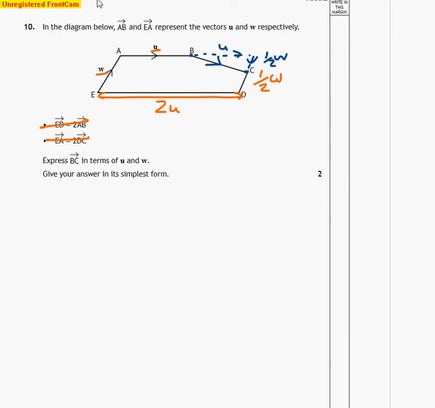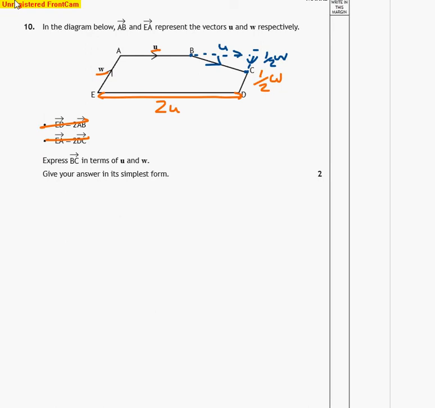But because W is pointing up, that's going to be a minus a half W. Yeah, I can kind of look at it and see that. So you might look at that and say, well, that's obvious. It's U minus a half of W, because I know that W is pointing up, the way we're going is down, because we're going from B to C. So that's easy to me.